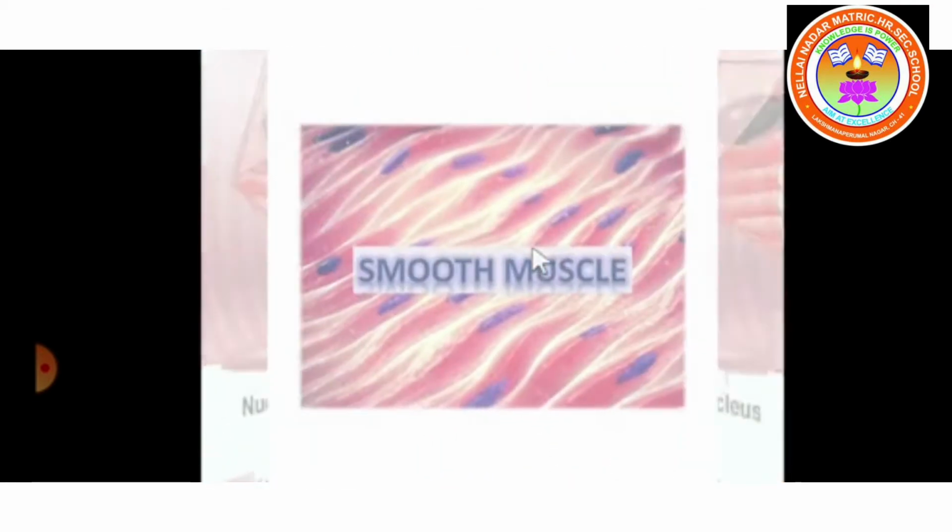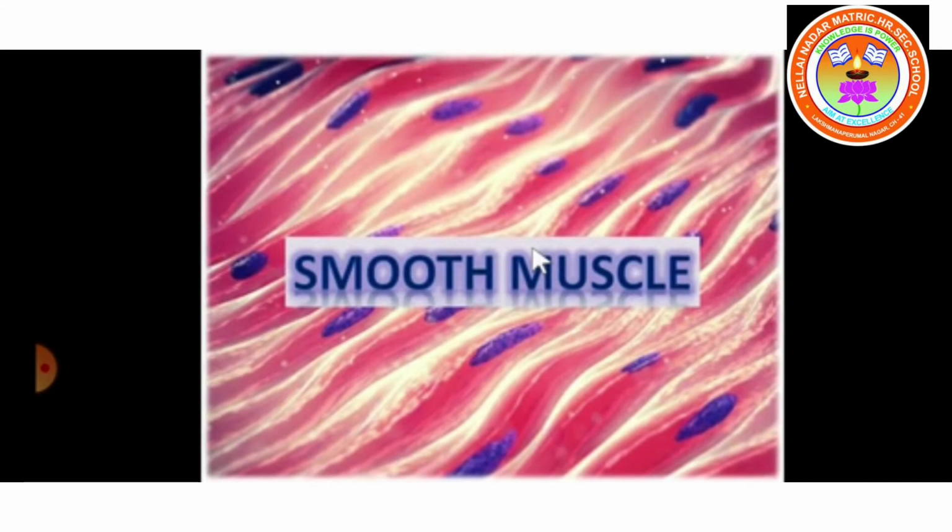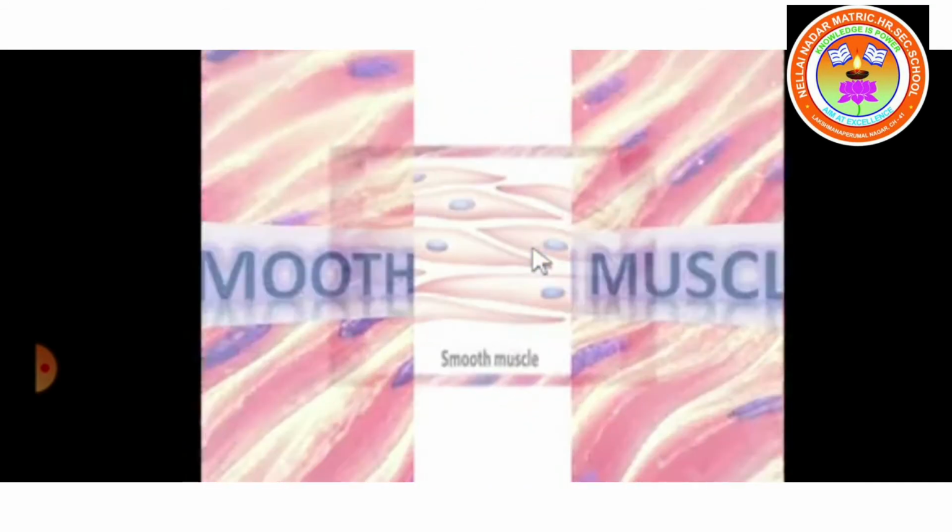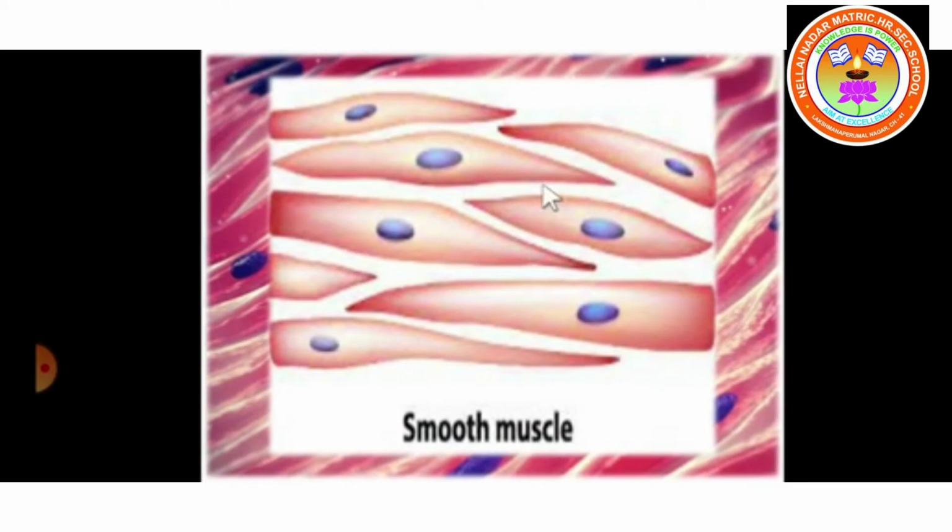Now, let us see about the smooth muscles. Smooth muscles are spindle shaped. What is spindle shaped? Tapering at both ends and bulging in the middle.